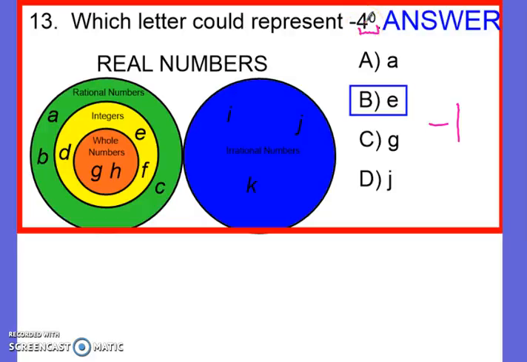I'm going to say that again. Anything to the 0 power is not 0. It is 1. And then I'm going to bring down this negative. So this is all equivalent to -1. So then we know -1 goes into the set of integers. And therefore, that's why we're really looking at this yellow area. So that's why E, or B, which is E, is the answer.